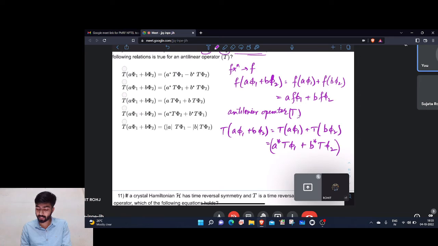So this is the definition of an antilinear operator, and by this definition the correct option given to us is option number B, where a star T working on phi1, b star T works on phi2.